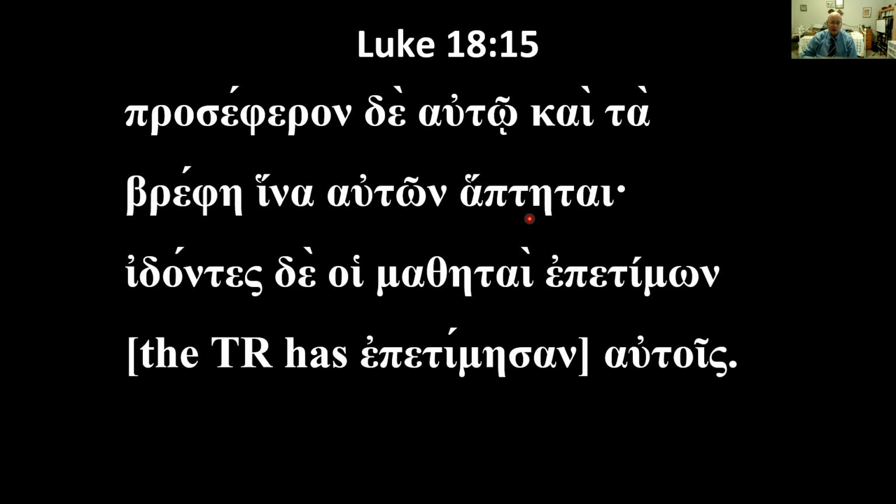Sorry to make a mistake again. In order that, no, not a mistake. I'm right. He might touch them. He might be touching them. I sometimes get confused, and probably you do too, because we need to use the progressive with the present tense. So he might be touching. He might place his hands upon them. Haptetai.